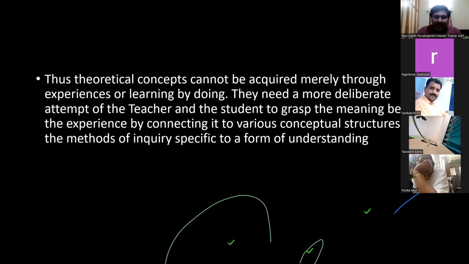So there should be an inquiry done by the student, facilitated by the teacher, to understand theoretical concepts. Then only they can understand those concepts properly. So it needs a deliberate attempt. Deliberately, the teacher should help the child in understanding through inquiry. Inquiry is a method.